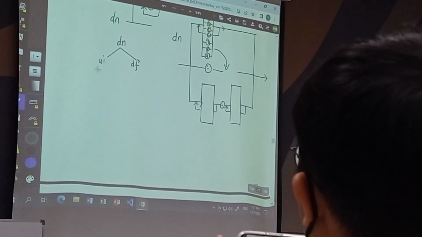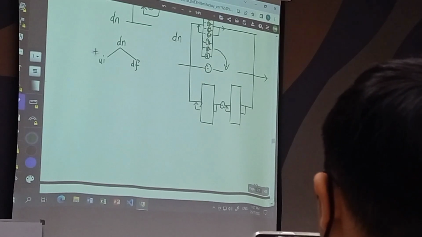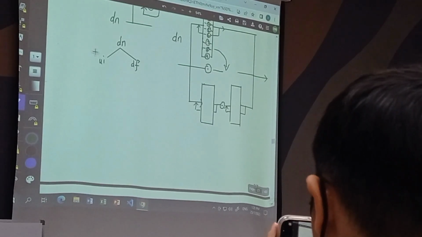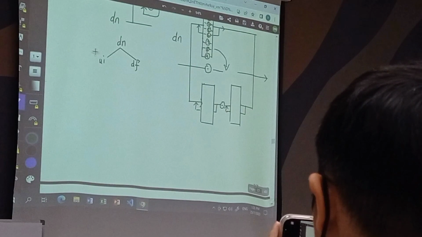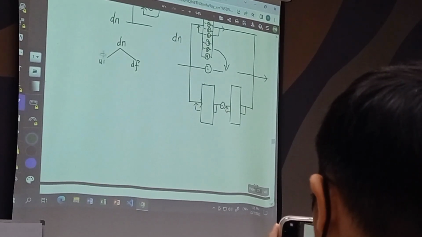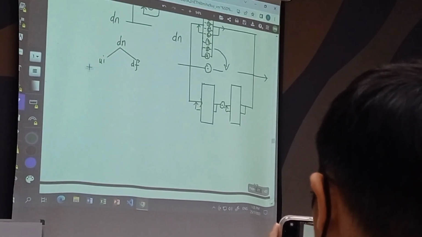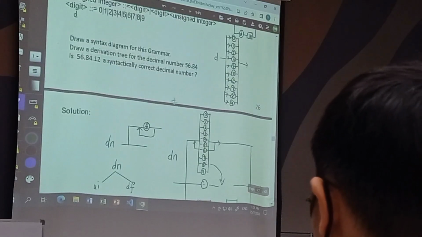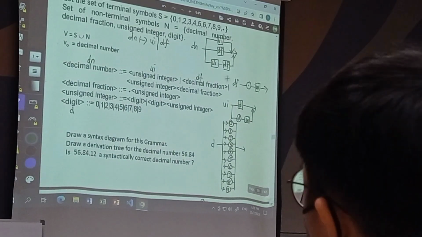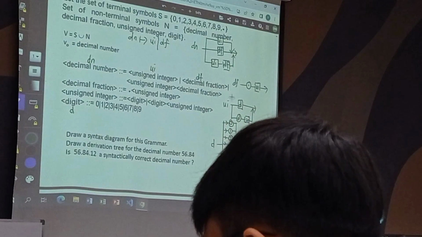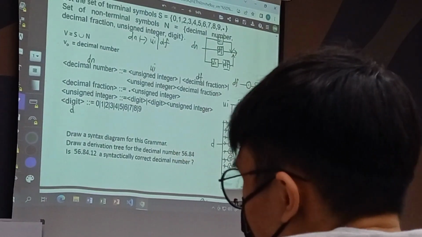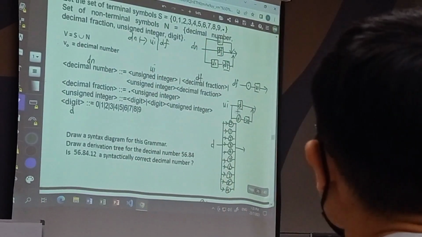So, unsigned integer you need to replace with digit unsigned integer or digit only? Because unsigned integer you have two. Either you want to substitute with digit or digit unsigned integer. Which one you want to choose?